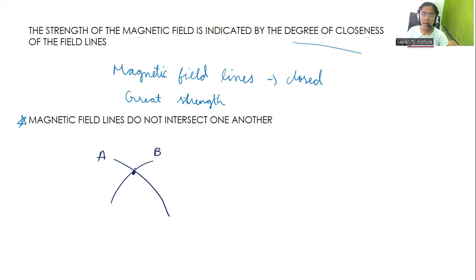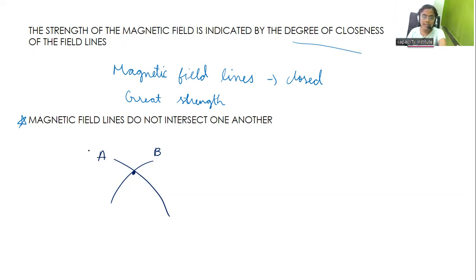Now, the magnetic field lines do not intersect one another. This is due to the fact that the force on the north pole at a point can only be in one direction.